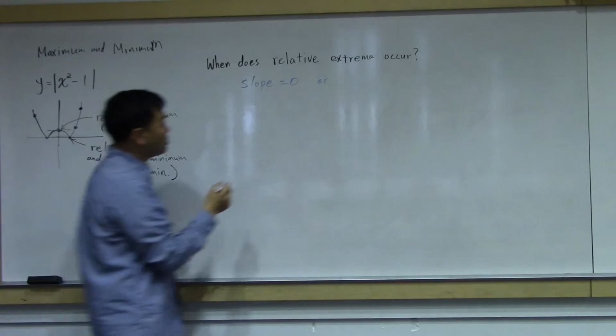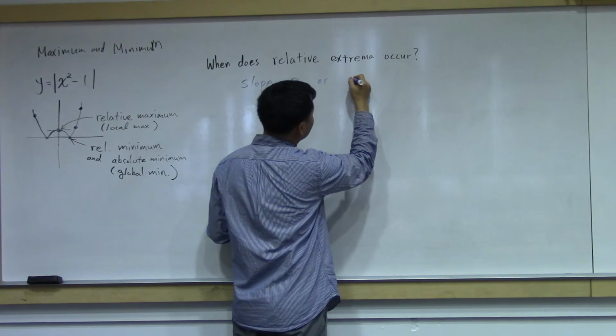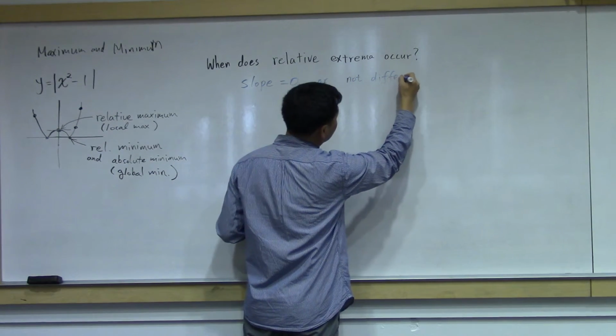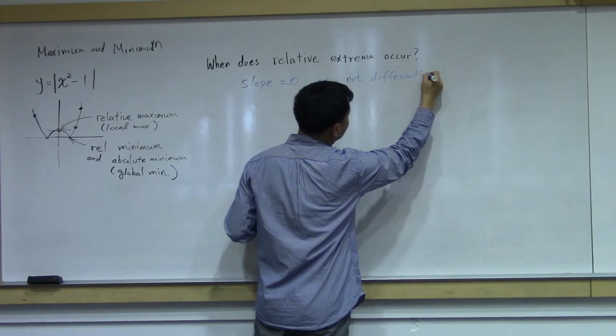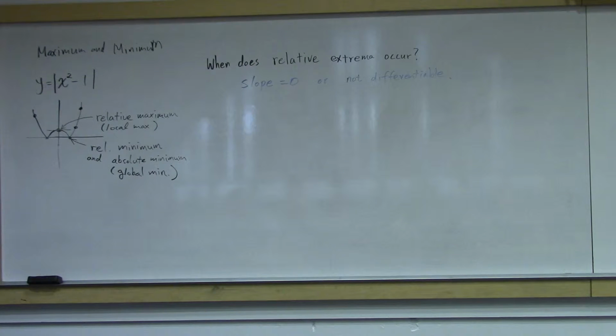So you know that either the slope is 0 or not differentiable. So that happens for points where you have a relative extrema.